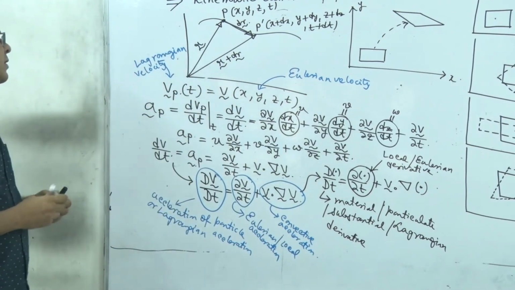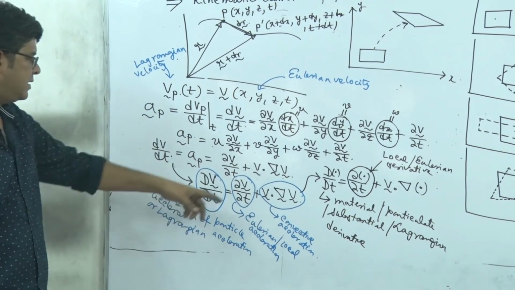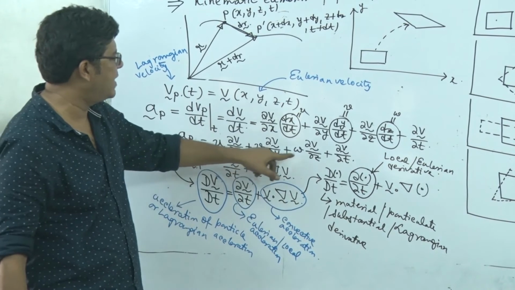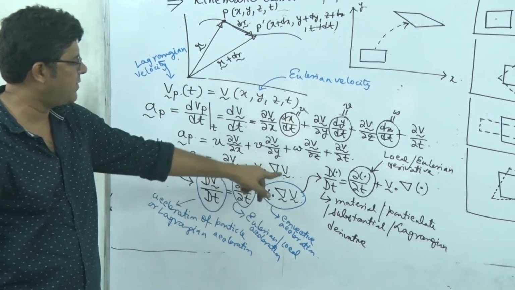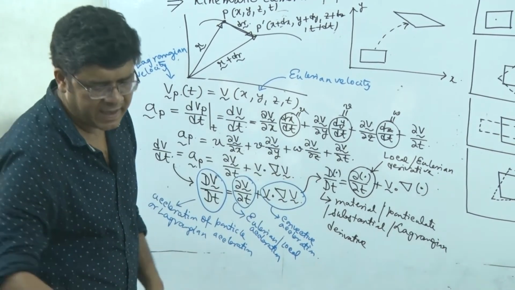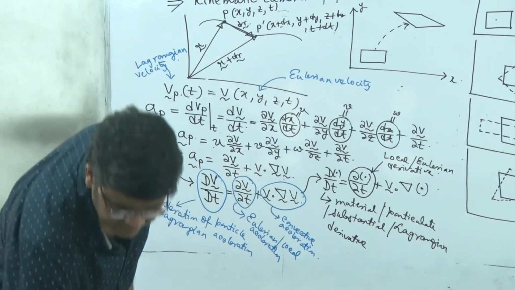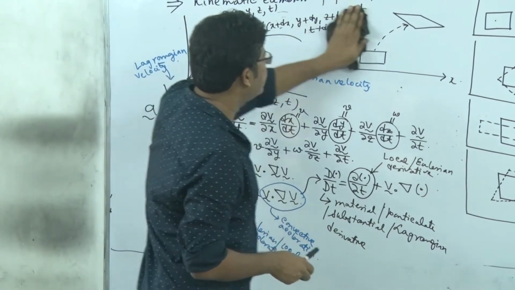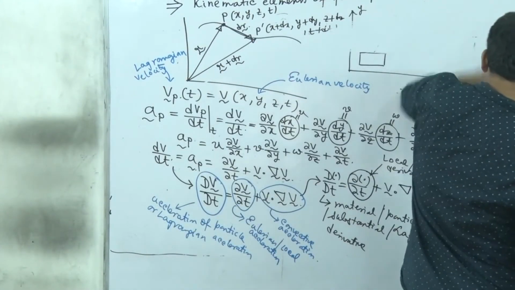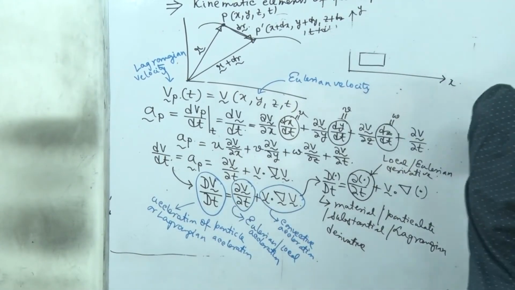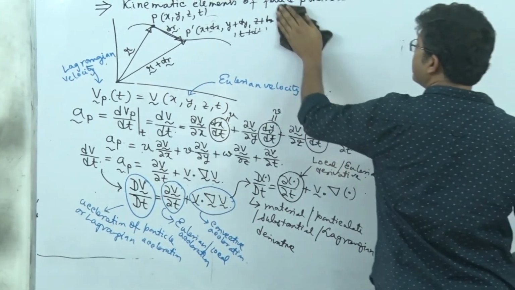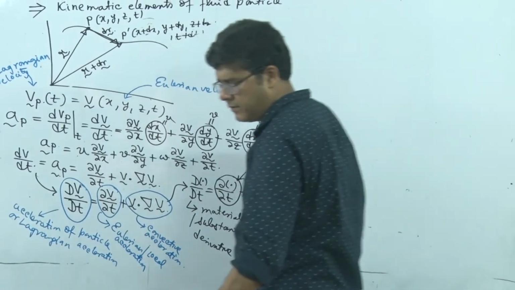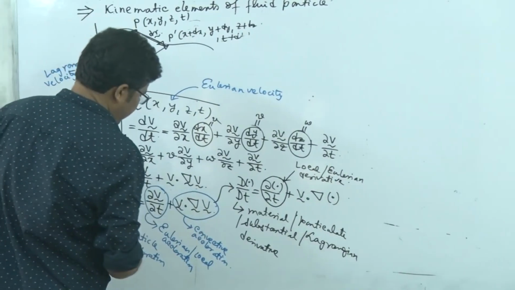Right? But before doing that, let's prove why this u del v del x plus v del v del y plus w del v del z, why we have represented it as v dot grad v. That is to be established.